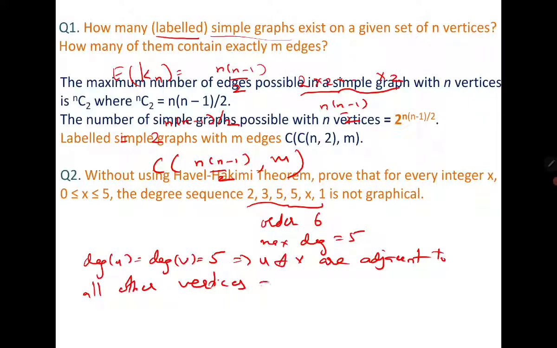And if they are adjacent to all other vertices, it means that the degree of all other vertices should be at least 2, but it is clearly visible that there is a vertex of degree 1, which is not possible. Therefore, whatever value we choose for x, the given degree sequence is not graphical.